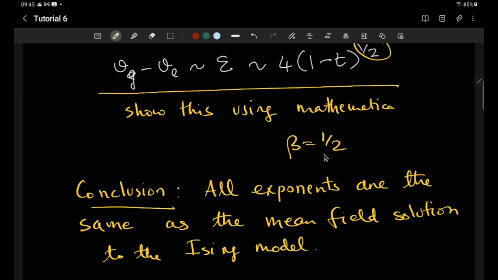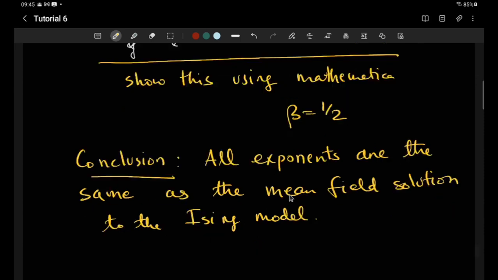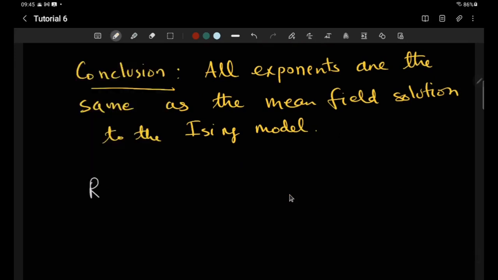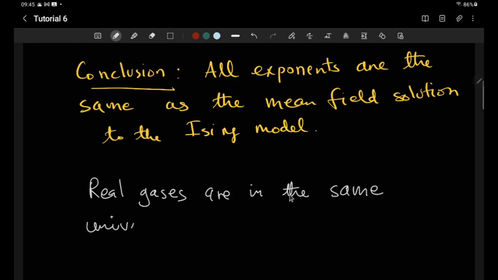Okay, but our gases are in 3 dimensions, and mean field did not work in the context of the Ising model. It doesn't even work here. So the correct statement is that real gases of this type are in the same universality class as the 3D Ising model.